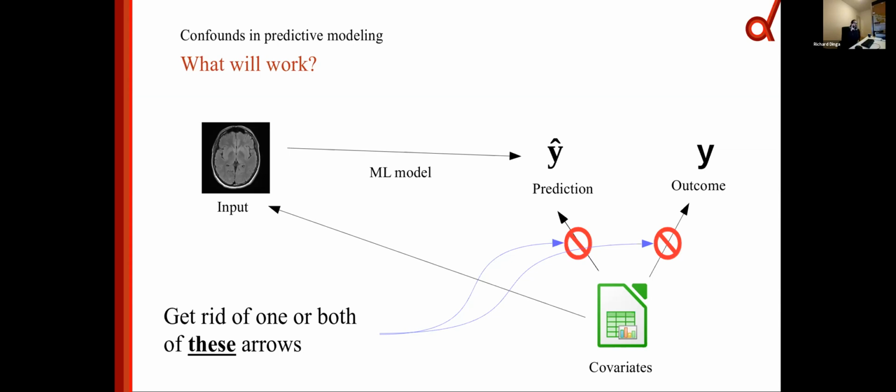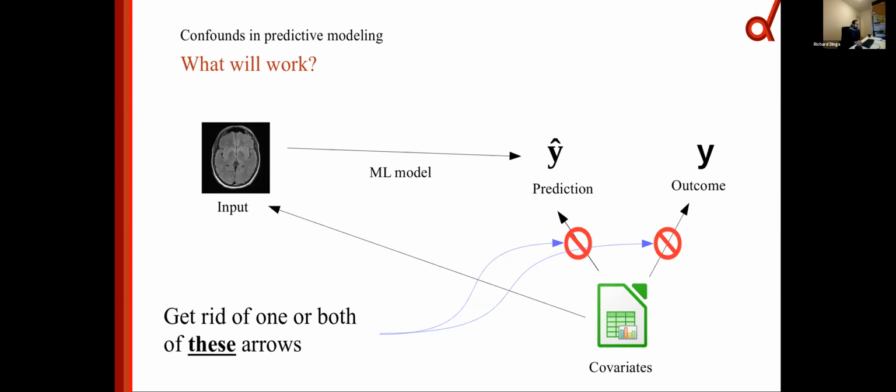But to learn the effect of covariates on the predictions themselves, or maybe on the outcome, is much easier because it's just one variable. And also, since it's just one variable and not 100,000 voxels, I can actually check if my assumptions are met and all these things.